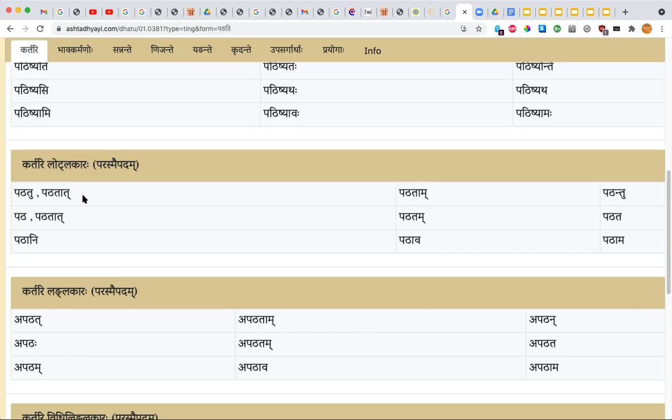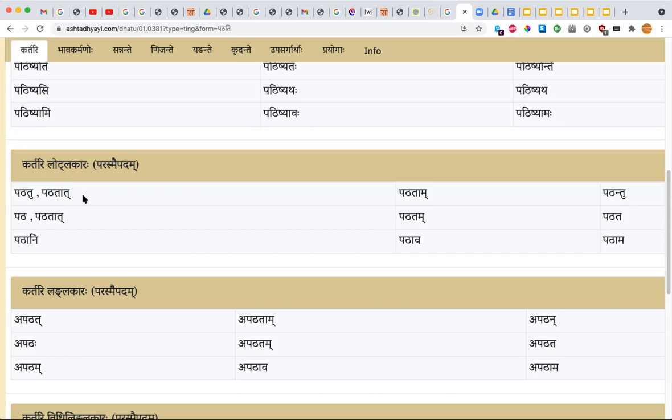Then it will be Bhavan, right? Rama Bhavan Patatu. If you are not explicitly saying the Karta, then it will be Bhavan for Prathama Purusha. I'm saying Ramaha Patatu. You are using it as Sambodhana. I'm saying don't use Sambodhana.